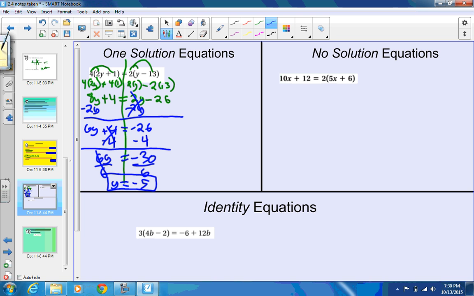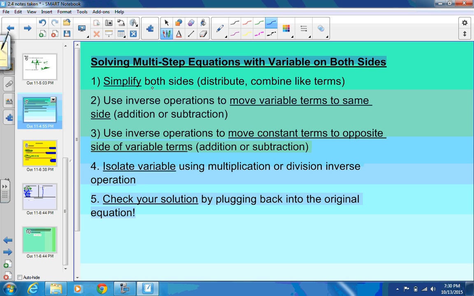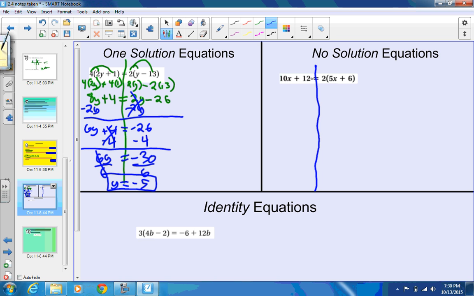Let's try this one on the right here. So I'm going to make this wall again. And I'm going to start by doing those steps again. Simplify both sides by any distributing or combining like terms. The left side, there's nothing I can do. So I'm going to bring that down and keep that as 10x plus 12.